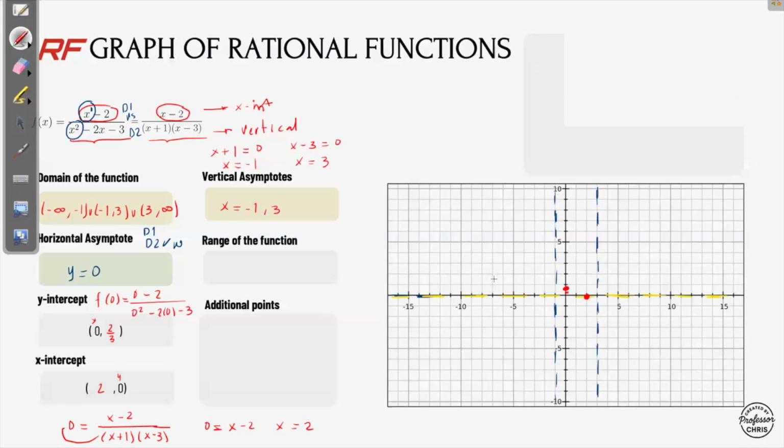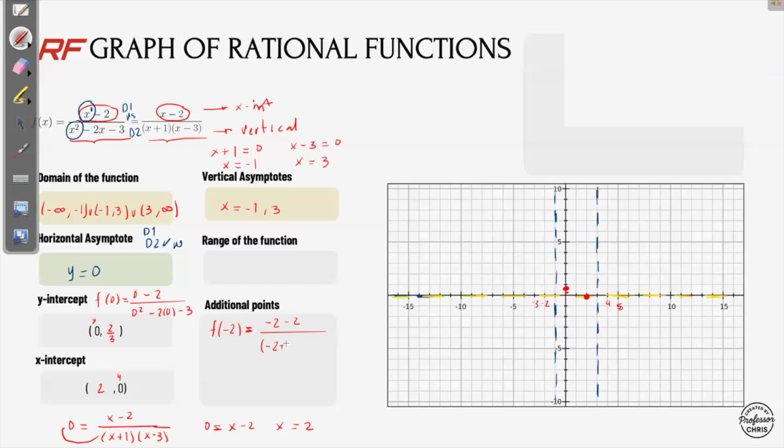Now, let's find at least 1 point outside the boundaries of the asymptotes. So perhaps we could use f of, since we have a minus 2 here, another option would be minus 3. And on this side, we could use 4, we could use 5. So let's try with f of minus 2. We're going to end up substituting that into the original function, but the factor version works better.